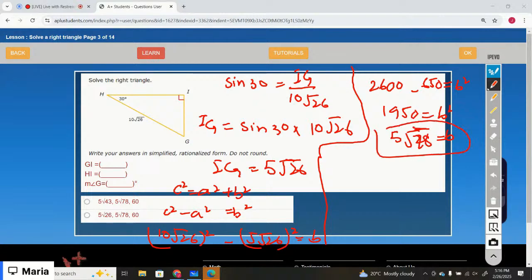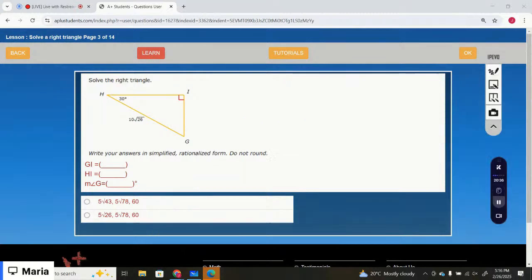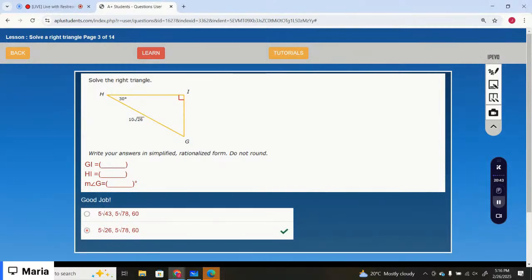So b equals 5 square root 78. IG equals 5 square root 26. So the correct option is option number 2. That is 5 square root 26, 5 square root 78, and 60. Option number 2 is the correct option.